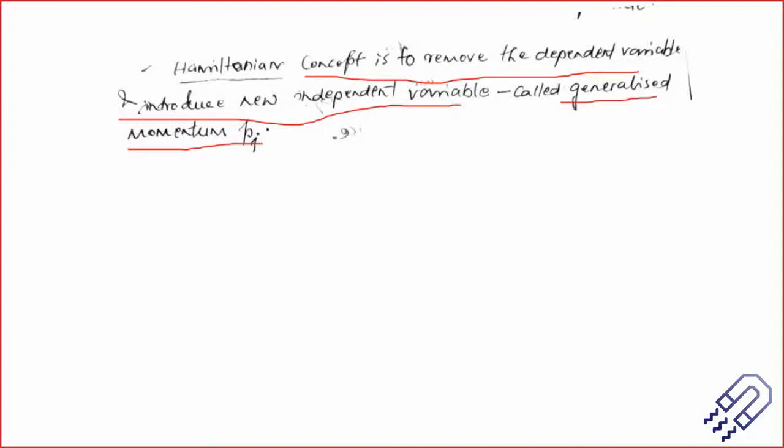When you know the momentum, you know how fast it is going and the amount of mass it is carrying. So it gives you additional information, not just the velocity, and then you can predict the path also, along which it is going to travel. That is why the Hamiltonian is important.